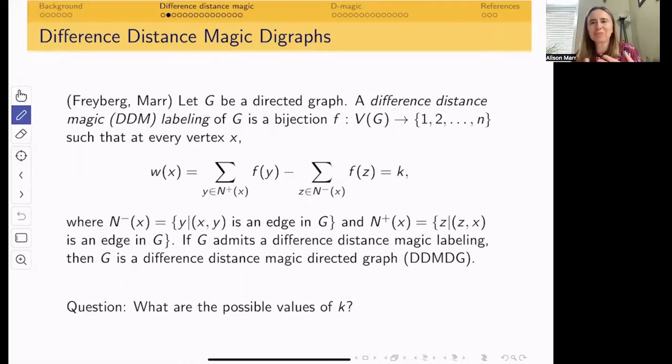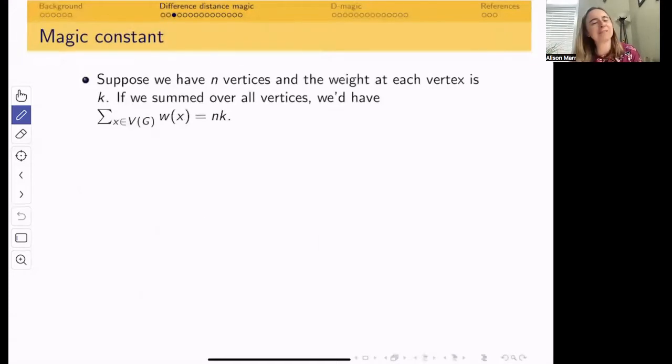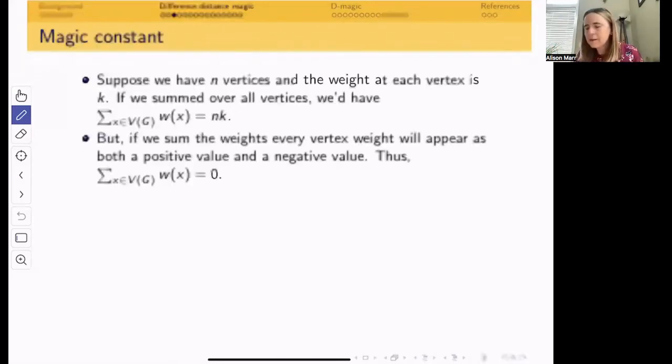One of the first questions we thought about is, what can this magic constant be? It's very interesting. In this case, it has a very specific value. In particular, if you sum over all the vertices, adding up all the weights everywhere, you would have the magic constant at every single vertex, and there are n vertices. So that full sum would be n times k.